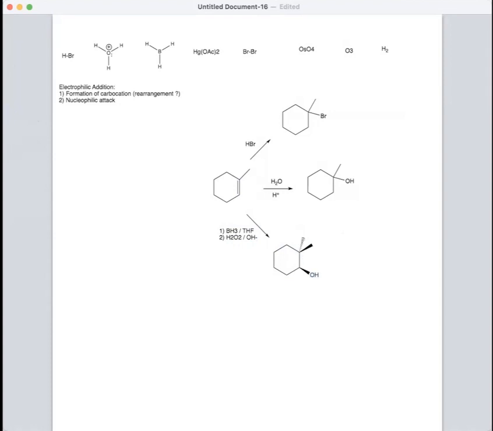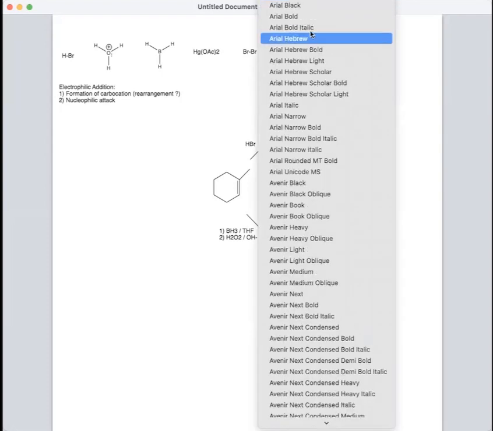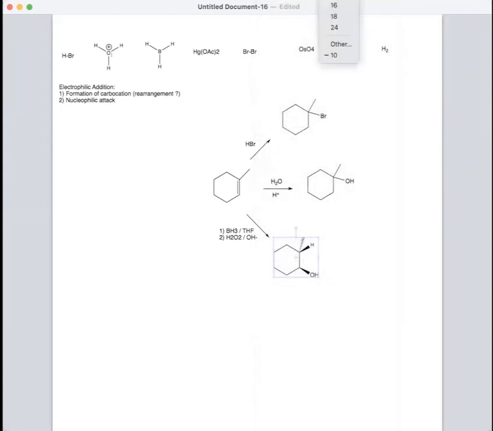That means that in a case like this, we get 2 enantiomers: one enantiomer in which the hydrogen and the boron are on the top face, and a second enantiomer in which the boron approaches the double bond from the opposite face, and in that case, we get opposite stereochemistry.